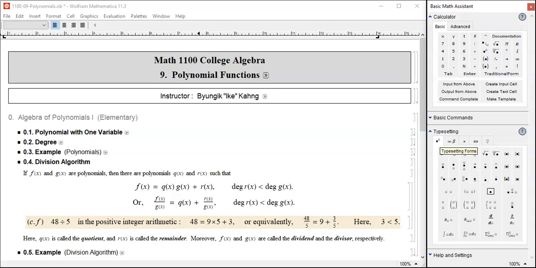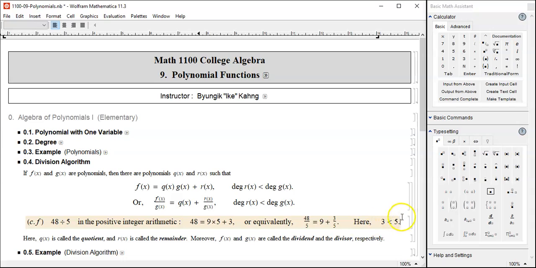That's basically what we are doing. So 48 can be written as 9 times 5 plus 3. 9 is the quotient, 3 is the remainder. Or equivalently speaking, 48 divided by 5 is integer part 9 plus 3/5.